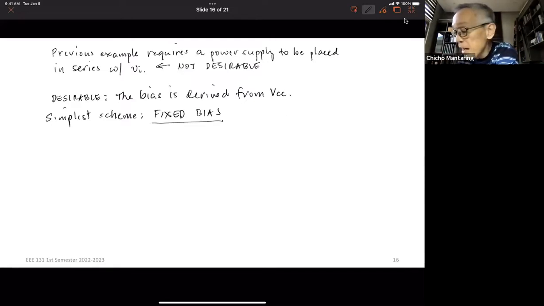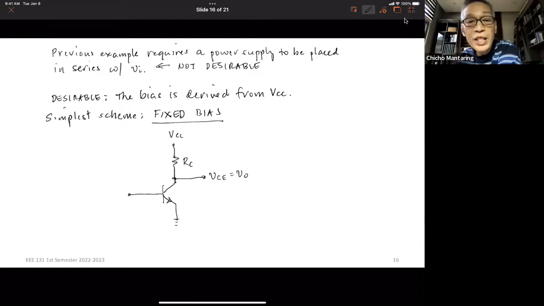Okay, what is my fixed bias circuit? Let me draw it. So I have VCC. This is RC. This is VCE, which is equal to VO. Ito yung fixed bias circuit.